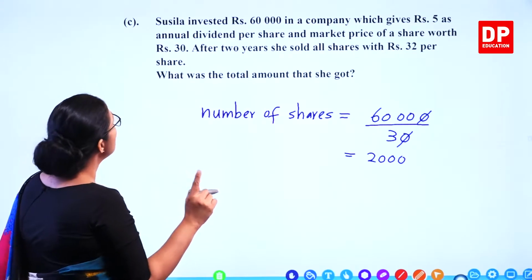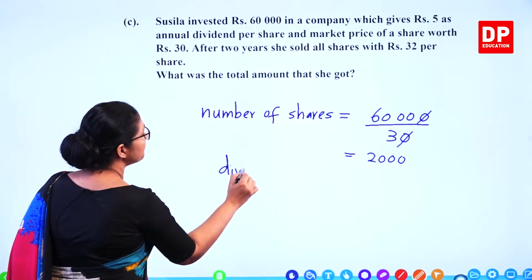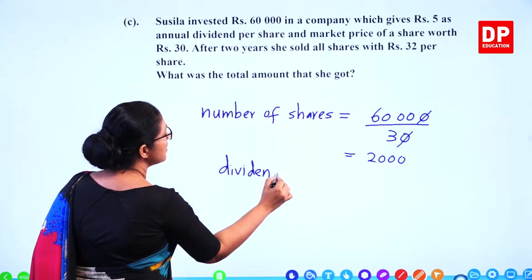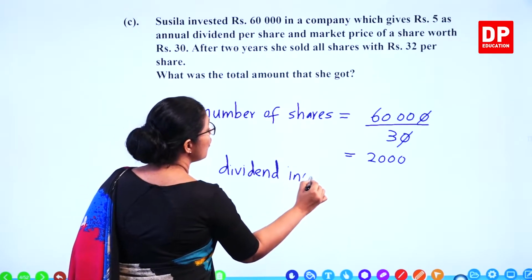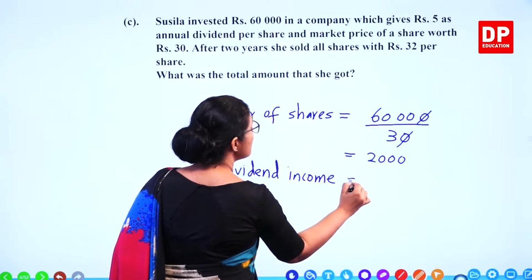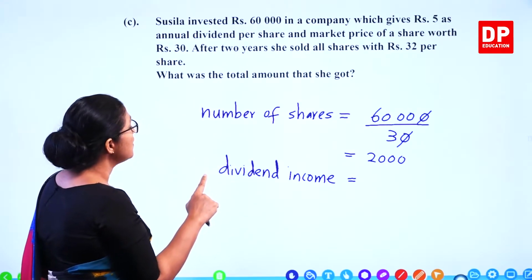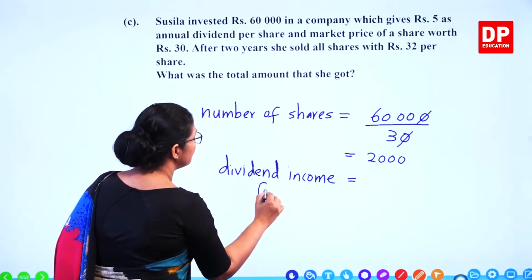So what's the dividend income? This is after 2 years she sold everything. So dividend income for 2 years.